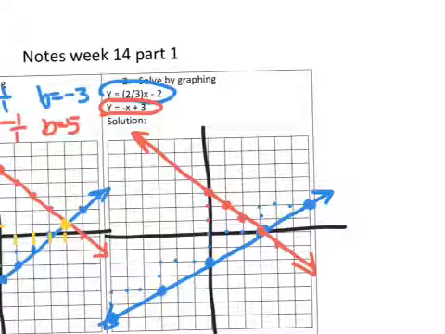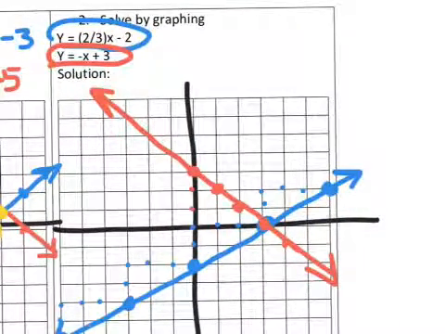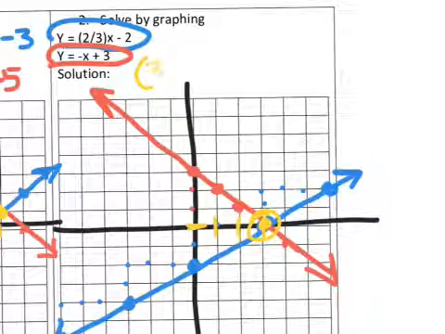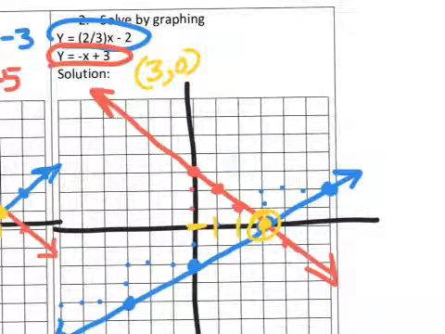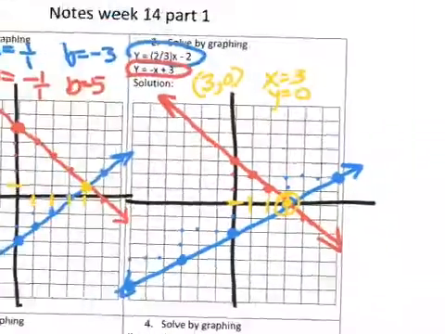And it's pretty obvious that they're crossing at a specific point. So that's right here, and this is 1, 2, 3, 0. So x is 3, y is 0. So our solution would be (3, 0). And we could say x is 3 and y is 0 for our solution.